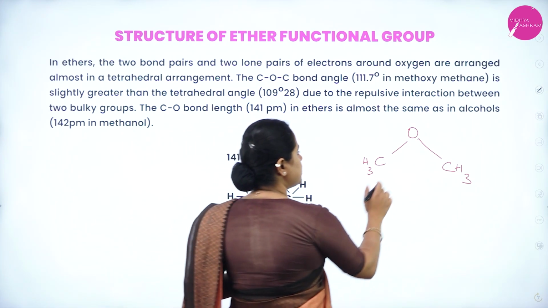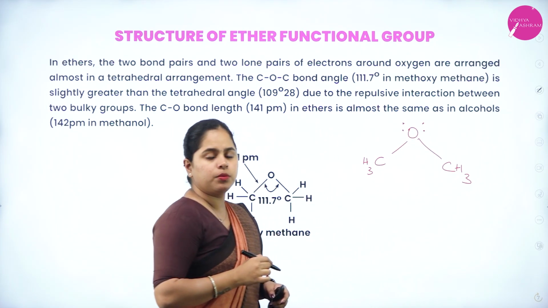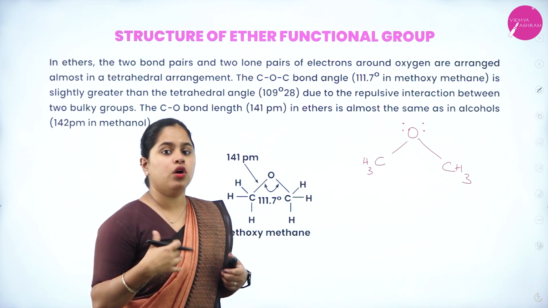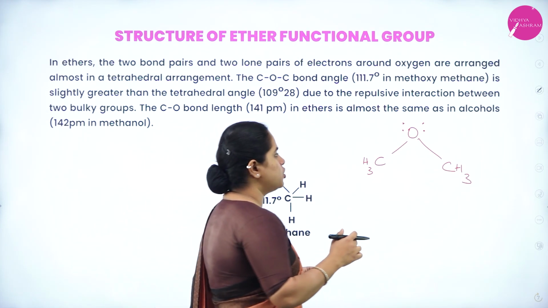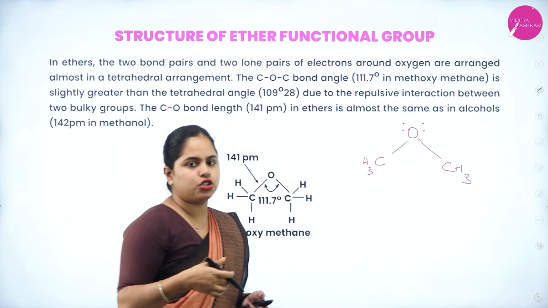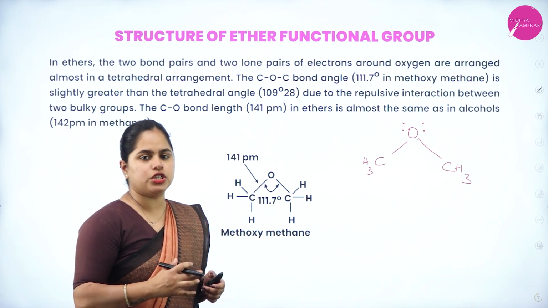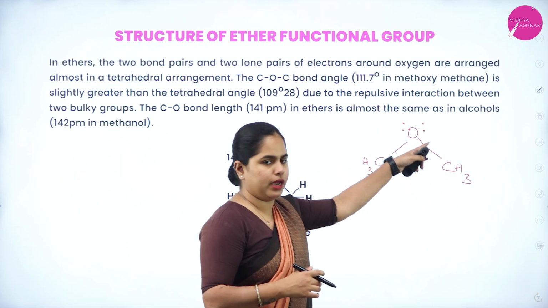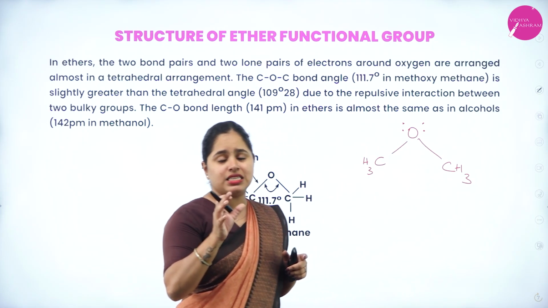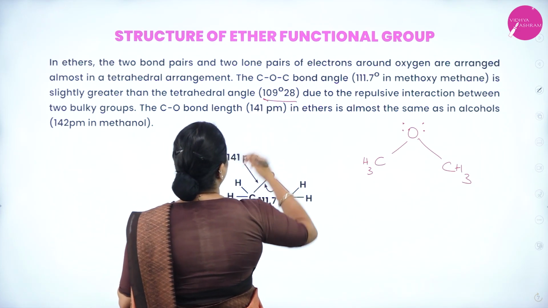So oxygen is having 2 bond pairs as well as 2 lone pairs. So according to VSEPR theory, we know that lone pair, bond pair interactions will be there. So repulsions will be happening. So as you can see, 2 lone pairs are there, 2 bond pairs are there, means actually the geometry is supposed to be tetrahedral. Because of the repulsions which is taking place between these lone pairs as well as between the lone pair and bond pair, there is a slight increase in the bond angle, which is supposed to be 109 degree.